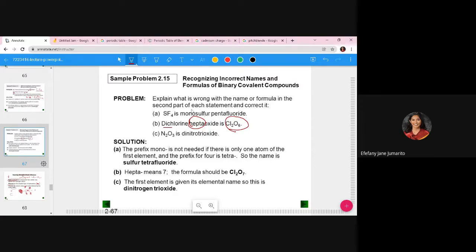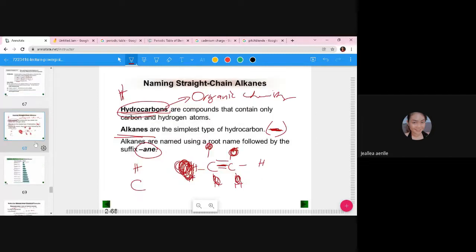Penta siya, ma'am. What else may dapat wrong? Dili na needed ang mono, pinakauna siya. Alright. Kani, pangalan sa nitrogen, ma'am. Dinitrogen trioxide. Okay.